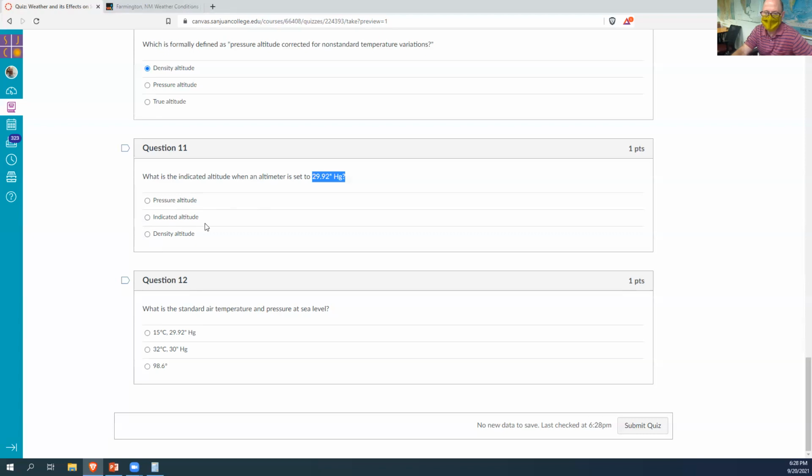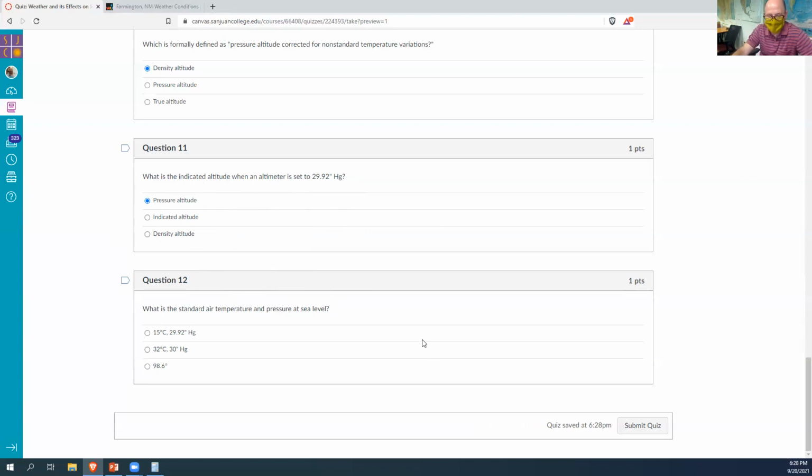So, yeah, I guess that's pressure altitude. It's definitely not density altitude. I've got to think it's not as dumb as indicated altitude. So it can't be indicated altitude.